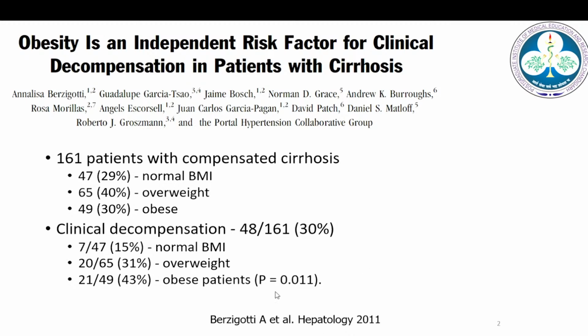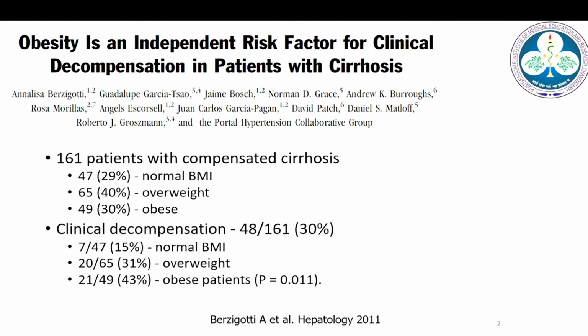So these are some of the earliest studies which had shown that obesity is a risk factor for decompensation and poor outcome. But then slowly we have realized, and in the previous talk you heard, that sarcopenia and obesity can obviously coexist in a patient, which makes managing both more challenging.